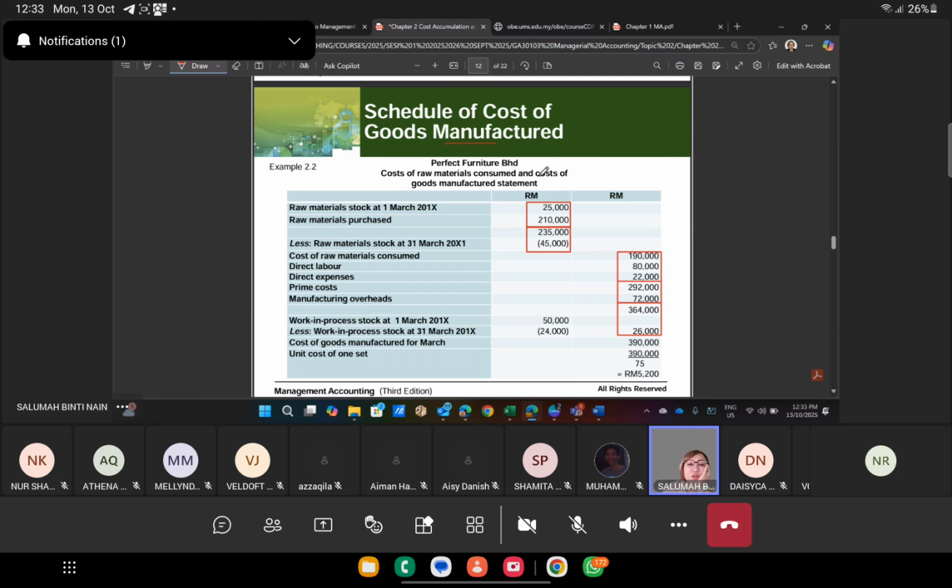So in detail, when we report it in the statement, it starts with raw material stock at 1st March, plus raw material purchases. This one is actually the total, minus the ending stock.